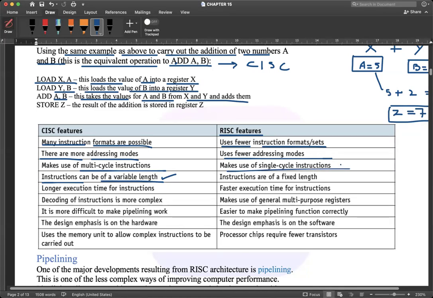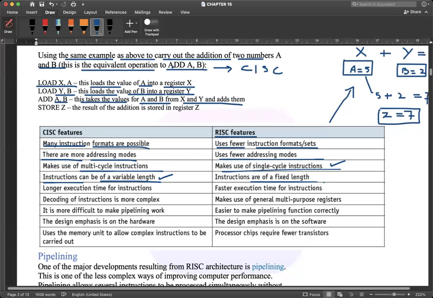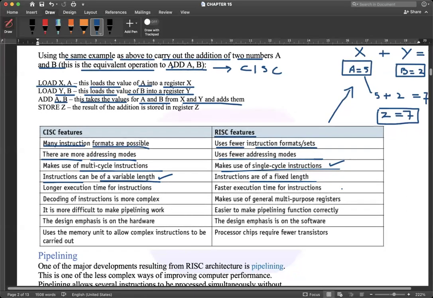It is not going to use multiple cycles. It is going to use a single cycle and break the assembly code into a small set of instructions. Remember, here you see. Instructions are of a fixed length, as it is going to break the assembly codes into a fixed length, and then it is going to interpret our data. So these are some major differences, and the rest of the differences you have to go through in your homework, right? This is your homework. Okay.